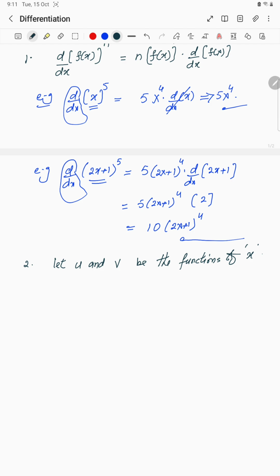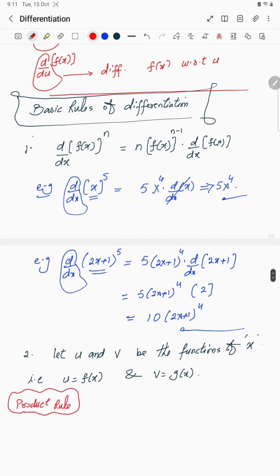Like u is f of x and v is g of x, but both are functions of x. These are not constant. And if they are going to multiply, we call this rule the product rule. And here we can call the first one the power rule.